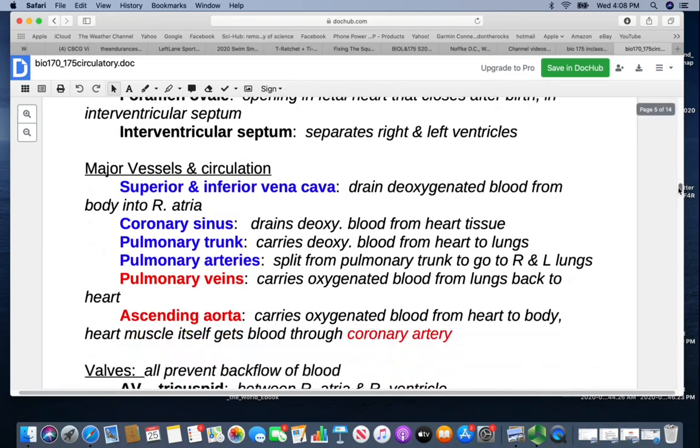So when we look at major vessels in circulation, I've tried to color code these notes a little bit here. When we talk about arteries, that's a vessel that's moving away from the heart. A vein is a vessel that's returning to the heart. Oxygenated blood is red. Deoxygenated blood is blue.